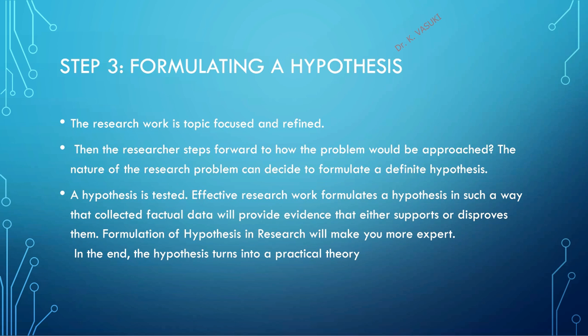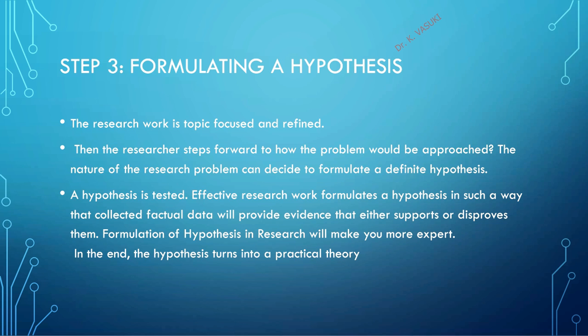So while testing the hypothesis, we are setting significance levels, 0.05 to 0.01. We can choose. If you select 0.05, its confidence level is 95%.